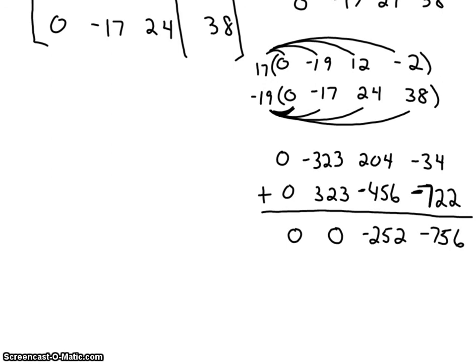Alright, right now, it would be ideal to divide each of these terms by negative 252 just to simplify. We're going to see if we can get a 1 where that negative 252 is right now.